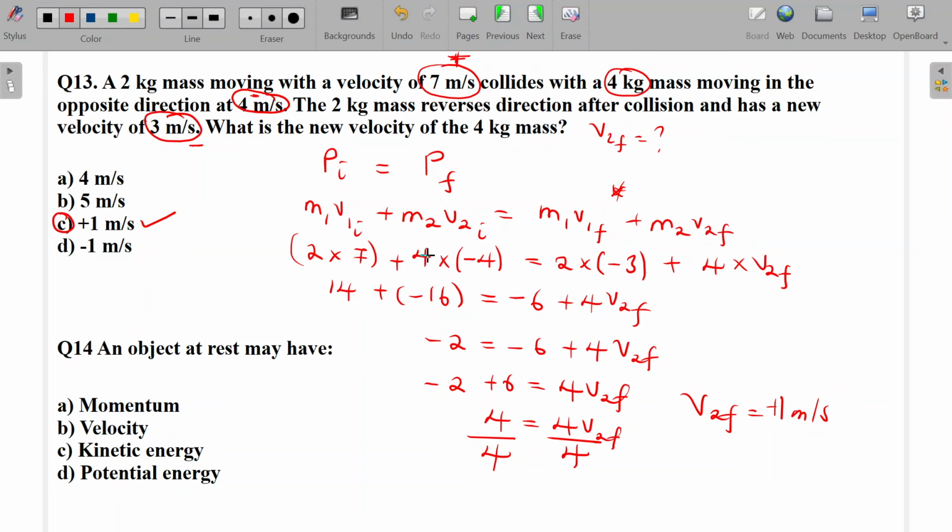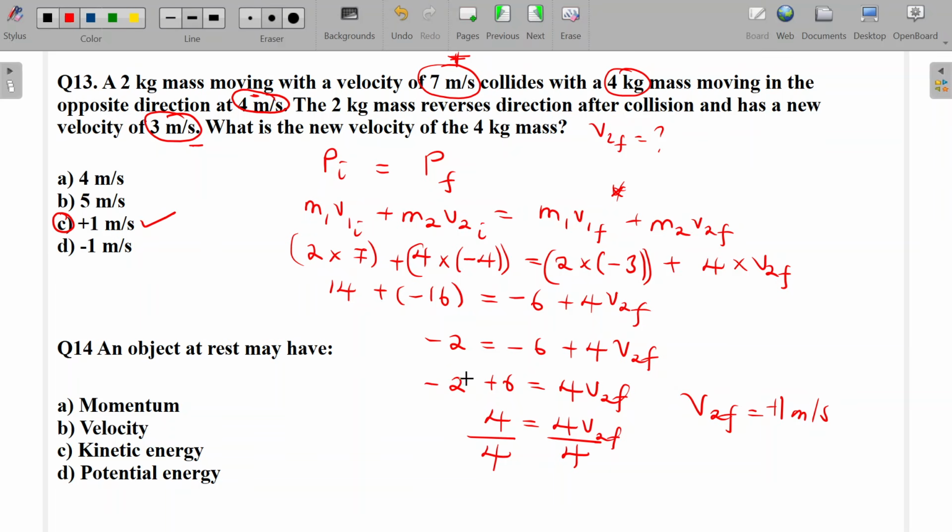This is 2 times 7, and this is 4 times this. As a result, I got 14 here, and negative 16 equals negative 6 plus 4 V2F. After doing that, this side I had negative 2, and this side negative 6 plus 4 V2F.